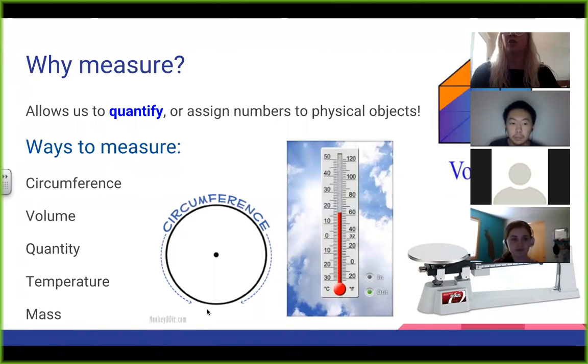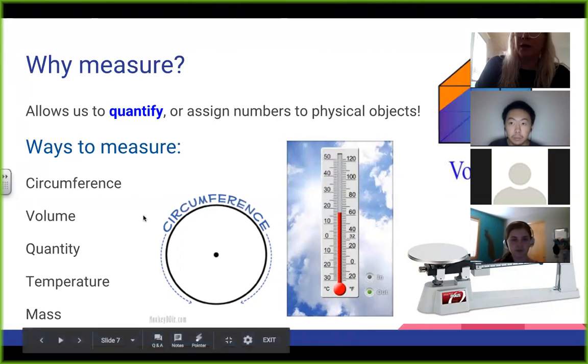So we have standard units of measurement in science, and they're usually not the same units that we use in America, right? A lot of times we're using inches, feet, yards, right? And in science, we don't use that, right? In science, we're going to be using meters, kilograms, Celsius. And that's so we can have a universal language to discuss data, really, is what it's for.